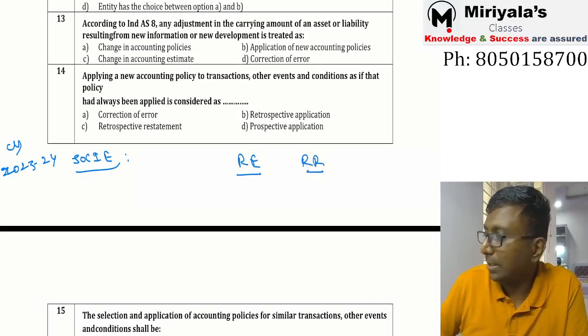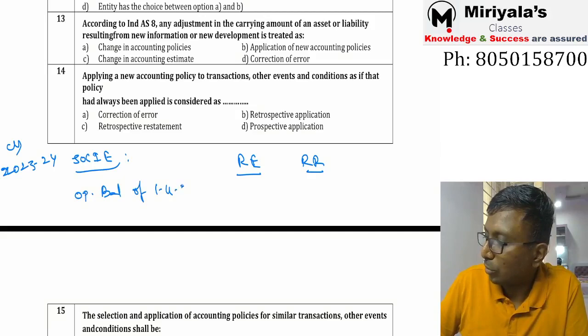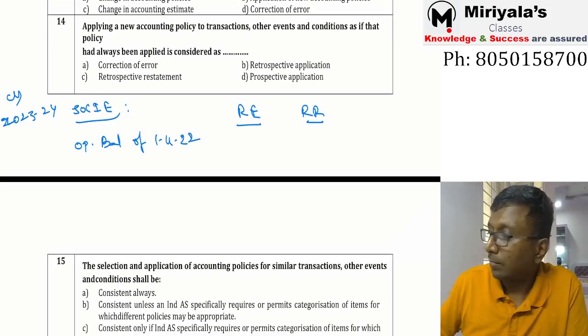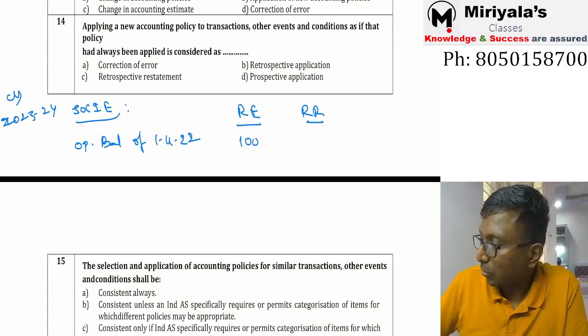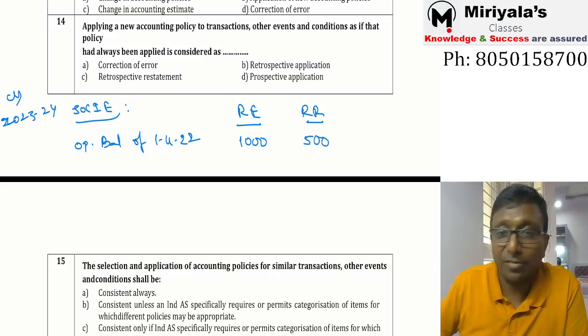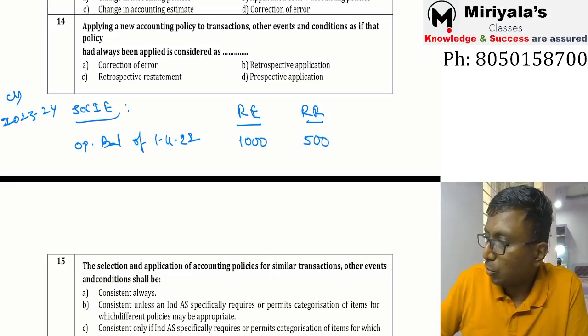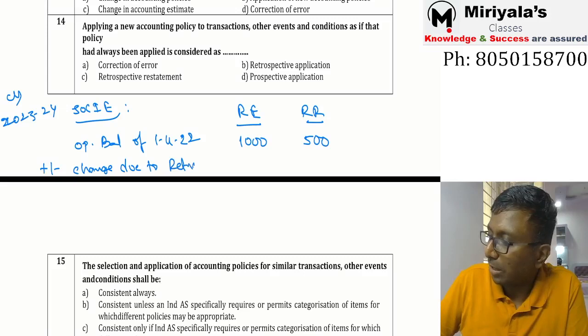How do you start? Opening balance. Opening balance of which date? That is 1/4/2022. Say 1,000 rupees here, 500 rupees here. Now you are supposed to add or subtract the change due to retrospective impact of the change in accounting policy.